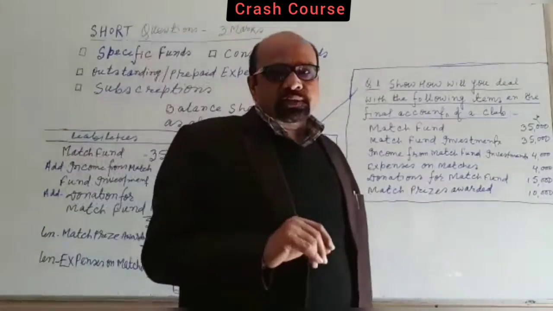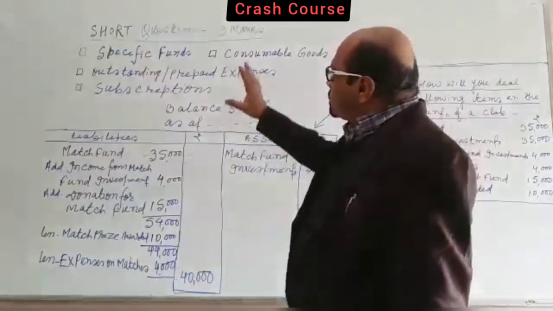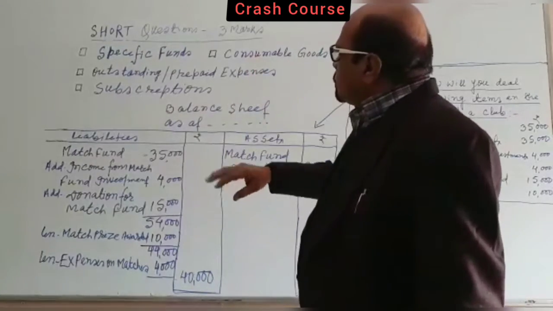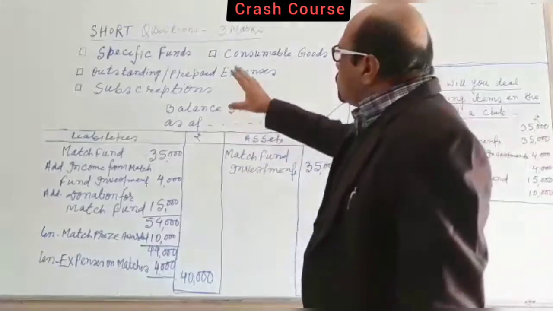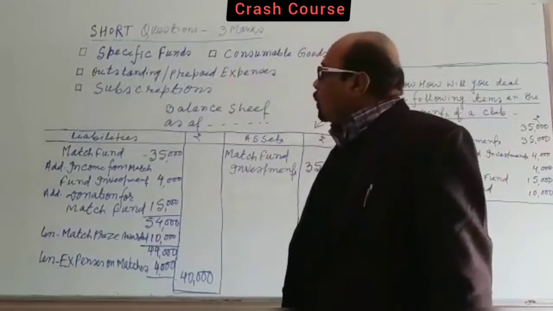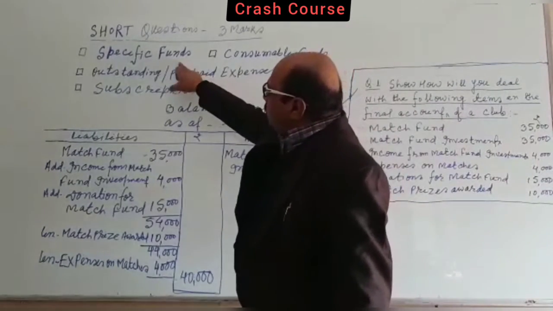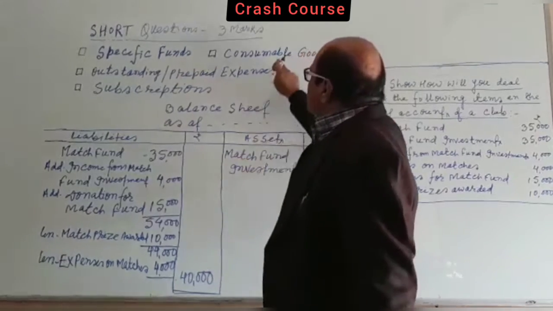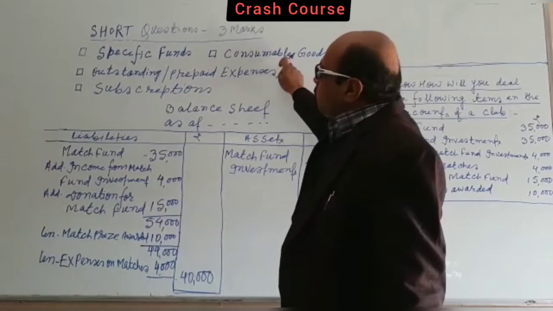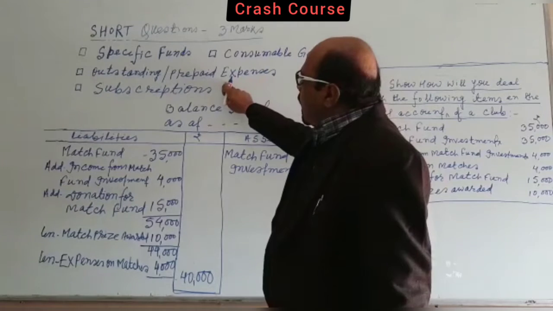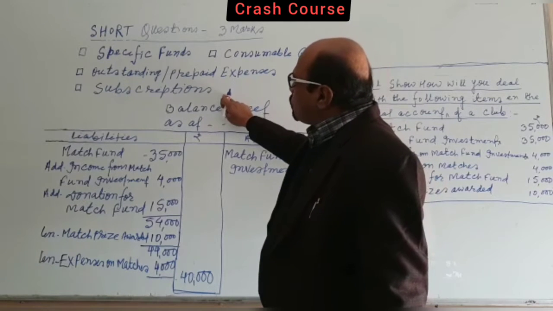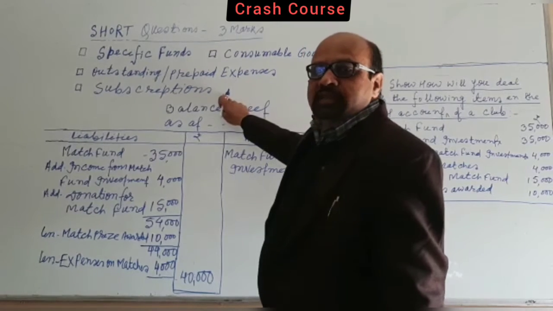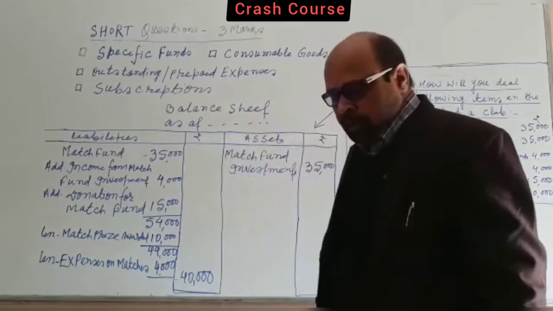And first try to understand that from this chapter, these 3 marks questions are mainly based on 4 topics. One is a specific fund, another one is consumable goods, next one is outstanding and prepaid expenses, and another one is subscription related.